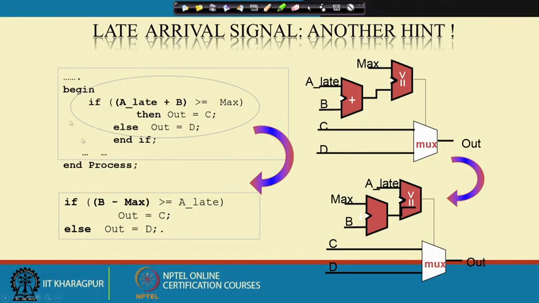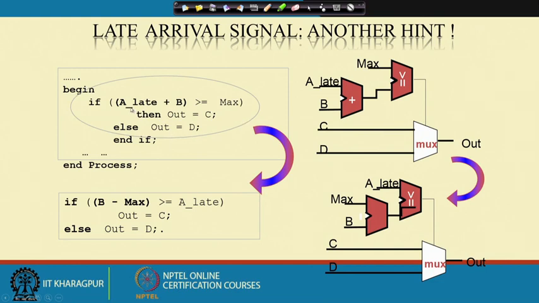So, in another example of that, here you see another algorithmic description given to you. Begin: if a_late plus b is greater than or equal to max, then out equals c, else out equals d.